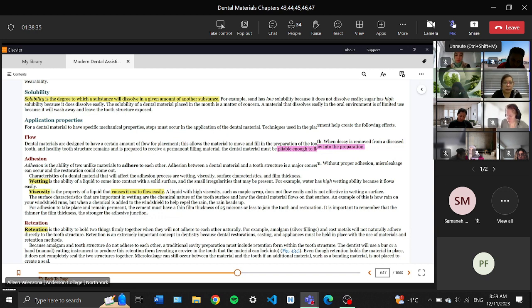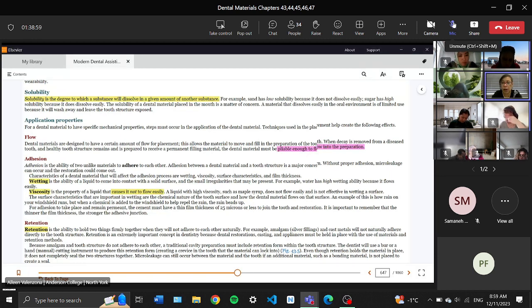Okay, the characteristics of dental material that will affect the adhesion process are wetting, meaning being wet or using a liquid, viscosity, surface characteristics, and film thickness. Wetting is the ability of a liquid to come into contact with a solid surface, and the small irregularities that may be present.